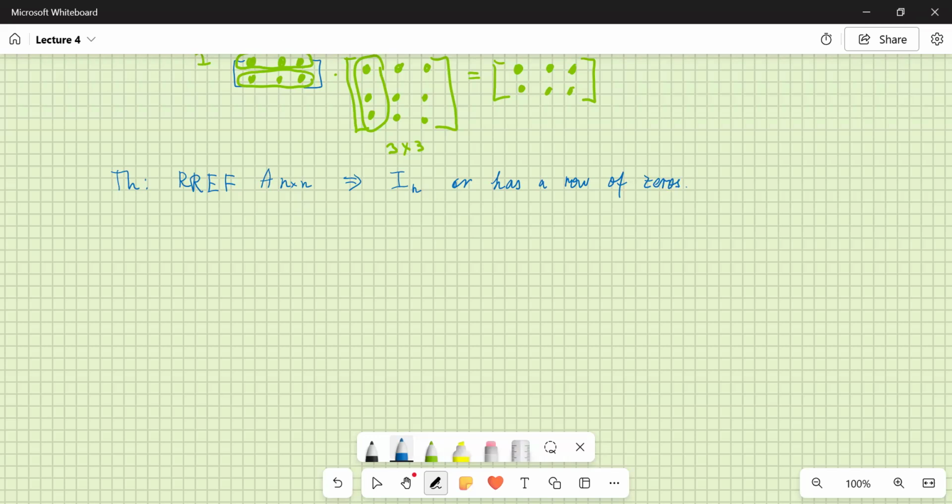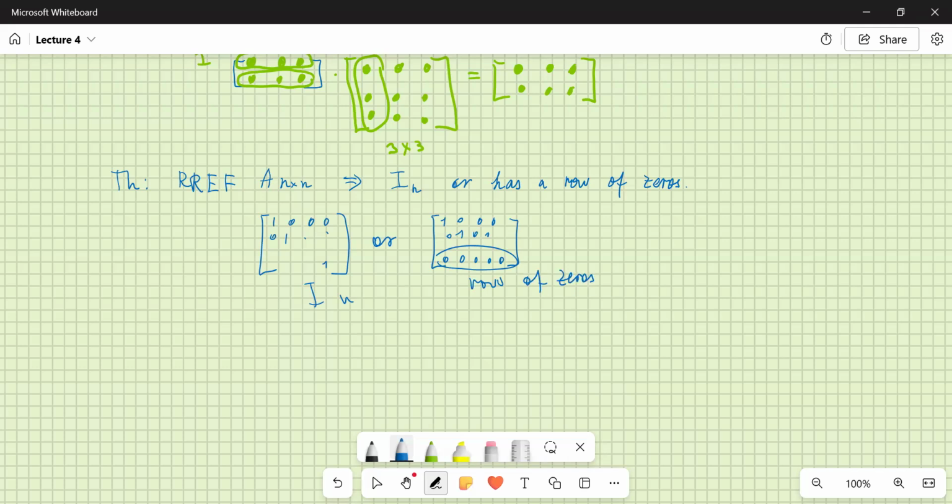So when you apply all these operations, either it's going to become the identity matrix and look like this, 1 0 0, 0 1 0, and so on until you reach the very end, or it's going to have a row of zeros and look like this. Maybe a one over here also, but somewhere here it's going to be a row of zeros. I'm going to label either this one or that one. That's I_n, and this is a row of zeros.